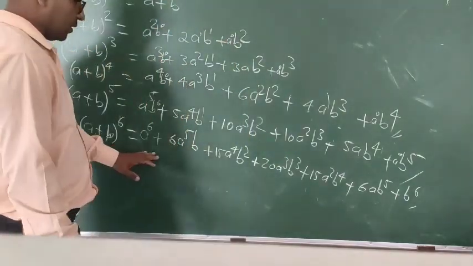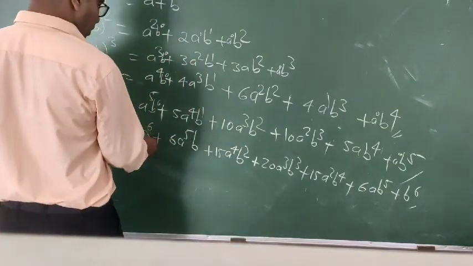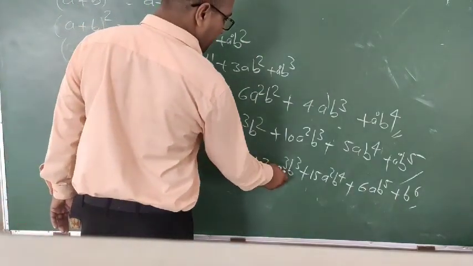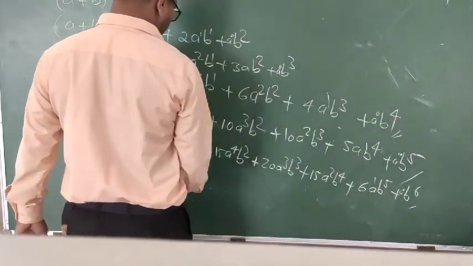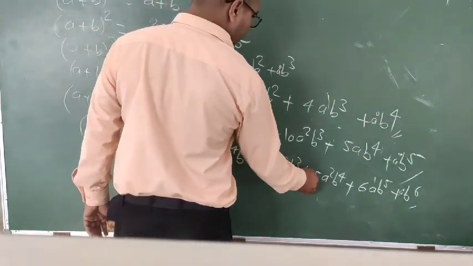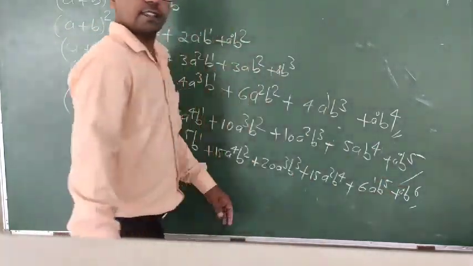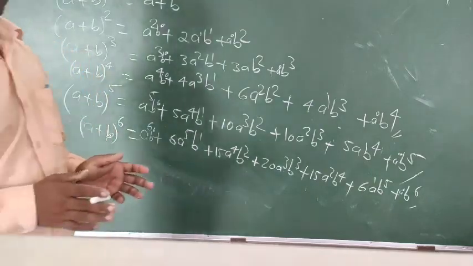In the same way, you can do this one also. The power of a for 6 decreasing, 3, 2, 1 and here 0. The power of b increasing, b^0, that is 1, 2, 3, 4, 5, 6. So now students, this concept is clear.